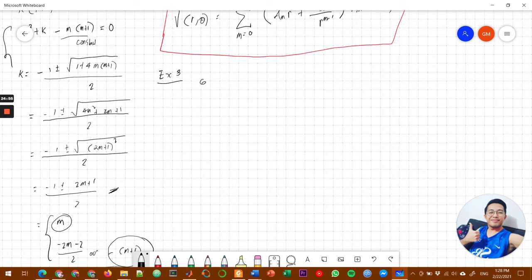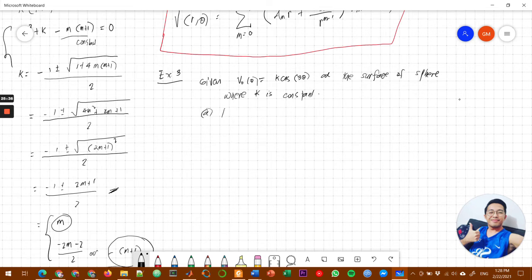Okay, so given a sphere with a potential of this form, k cosine 3 theta, given this potential at the surface of the sphere where k is constant, we have a problem.